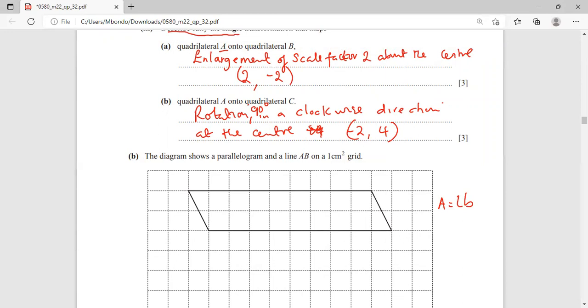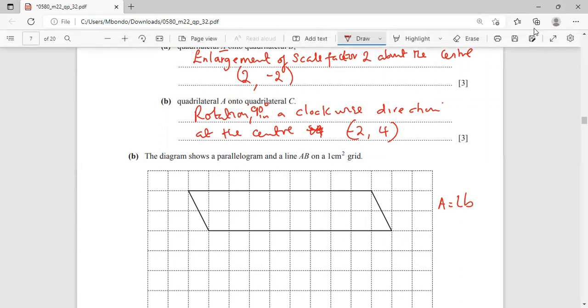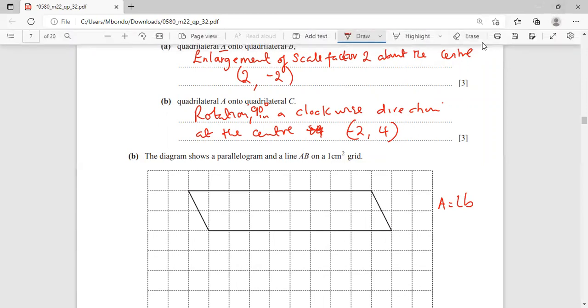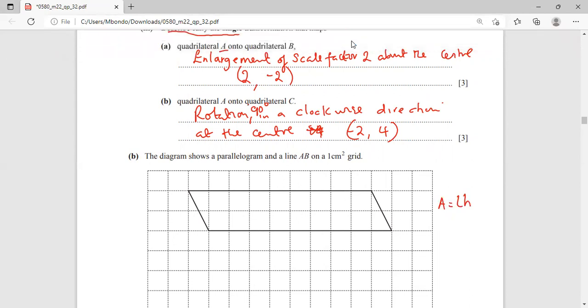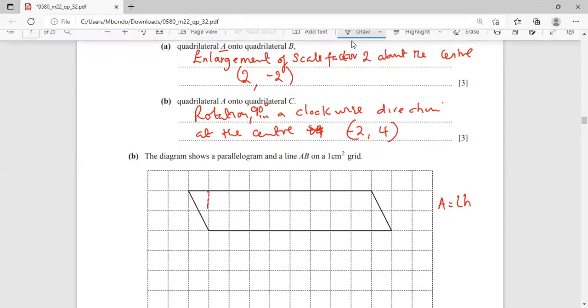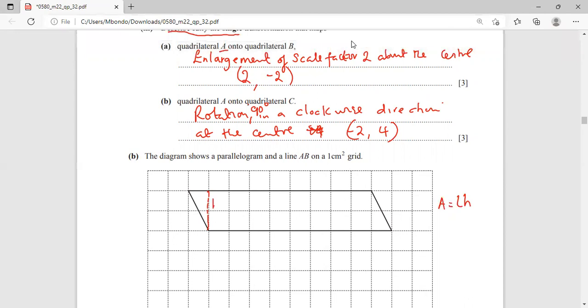Or L multiplied by, no, we need height. That is like for the rectangle. Okay. No, not this one. Say by H. Yeah, by H here. So what is our height here? This is 2, isn't it?